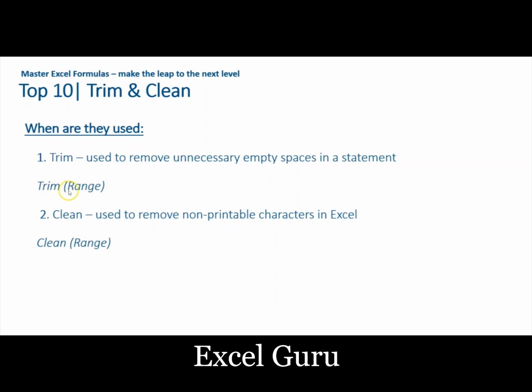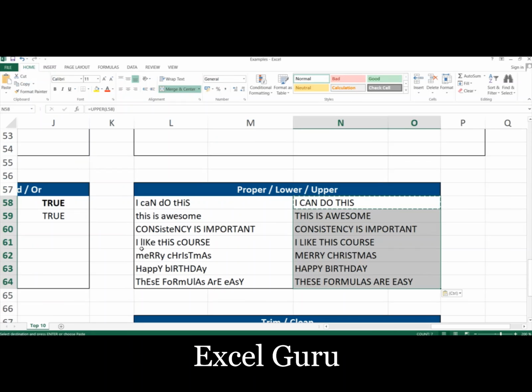All you need to do is select the cell or range. Clean does something a little bit different. It is used to remove non-printable characters in Excel. Again, the structure is the same as the trim function. So let me show you what I mean by giving you a couple of examples.